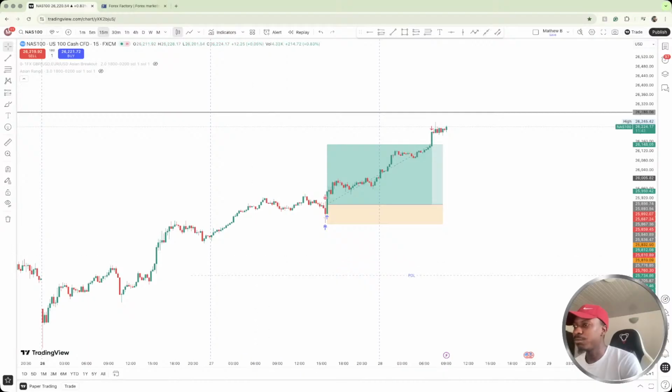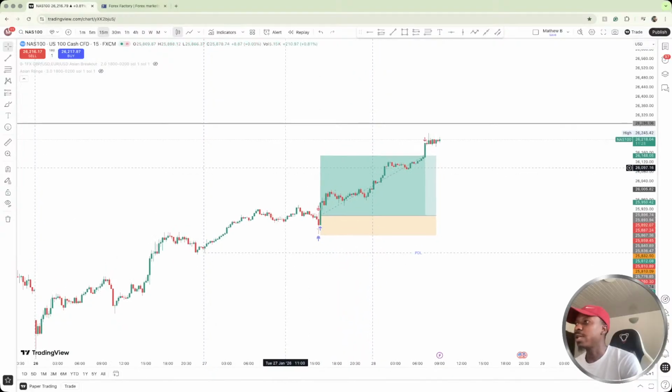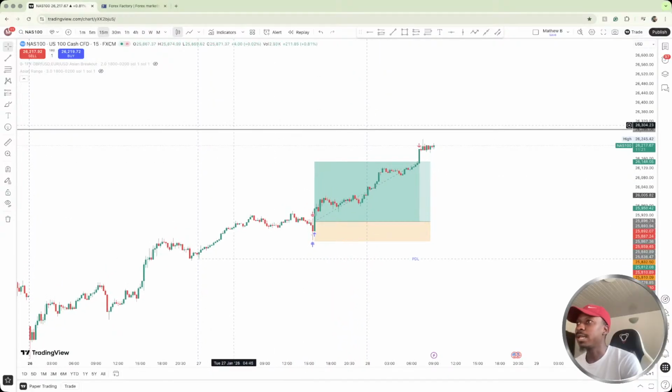I turn on my session break and then identify the previous day low. This is the lowest point for yesterday for me.